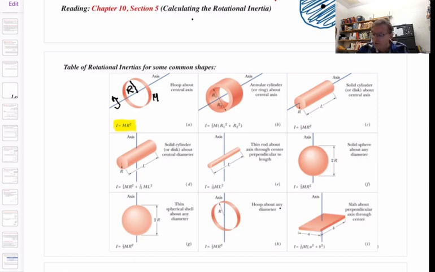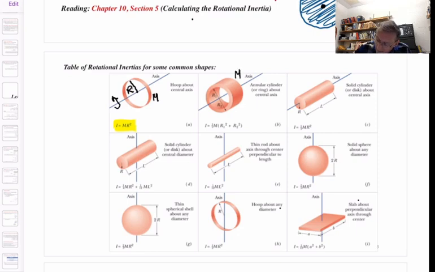The next one we'll use once in a while. It's a thick hoop, a hoop with some finite width to it. The book calls it an annular cylinder or ring. Okay, it's still got some total mass. We'll call that m.